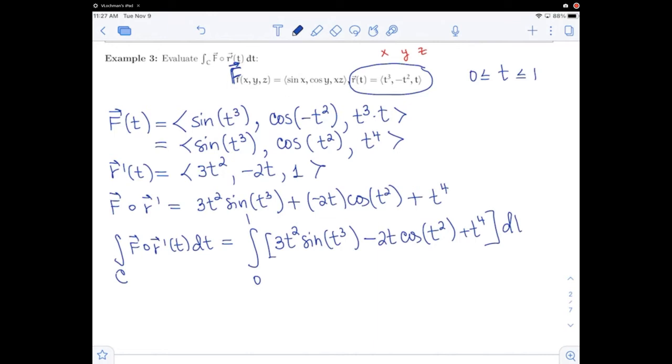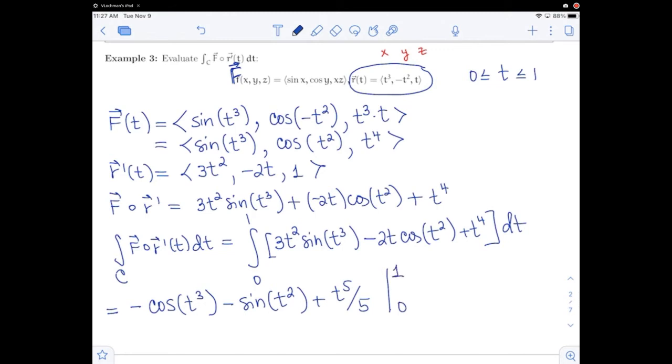You can see that it's pretty straightforward. You can use u substitution, but you can also just see what the antiderivatives are. For the first one, it's going to be negative cosine of t cubed. For the second, that's going to be negative sine of t squared, and that's a polynomial one, so that would be t to the fifth over 5. We're evaluating this from 0 to 1.